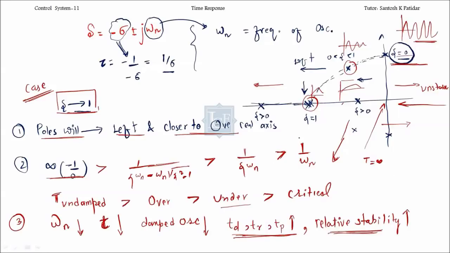Now all this we were discussing for the impulse. If you remember, I considered a second order system and gave it del t, the unit impulse, and I got some output.